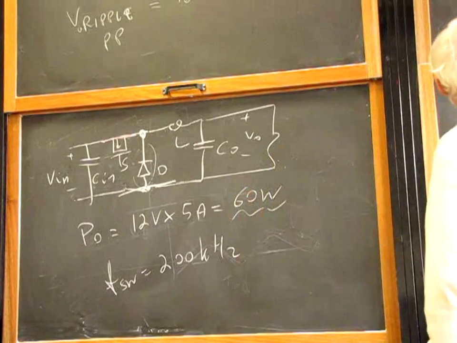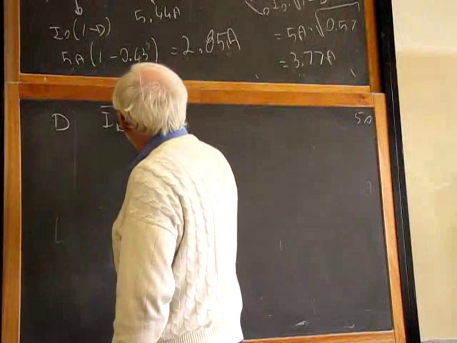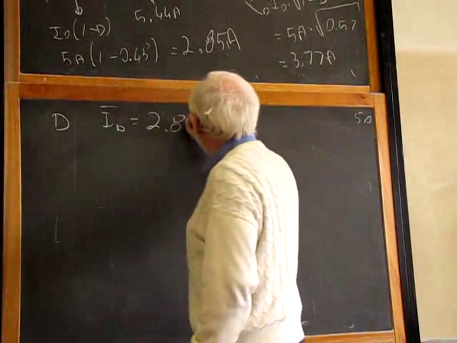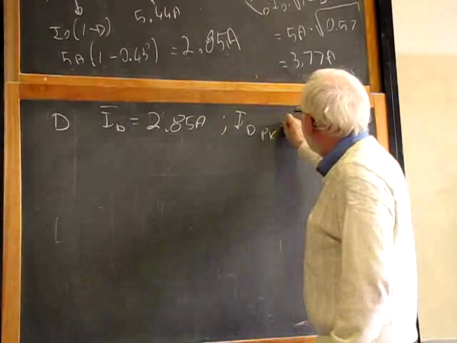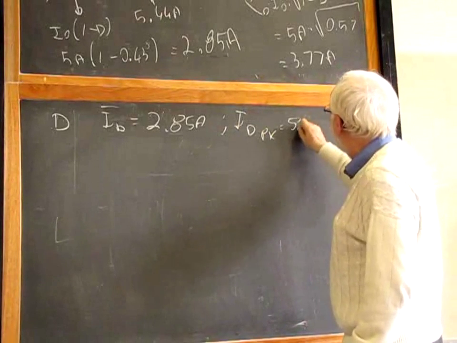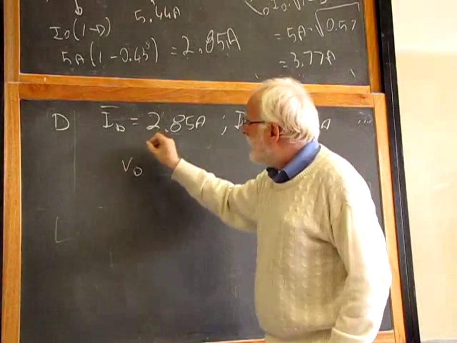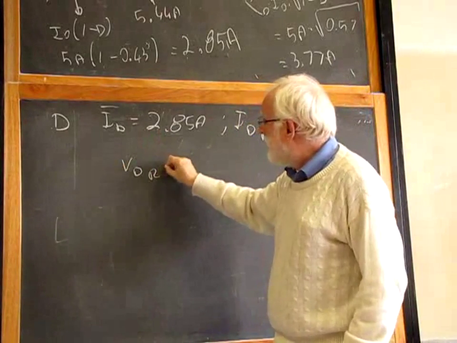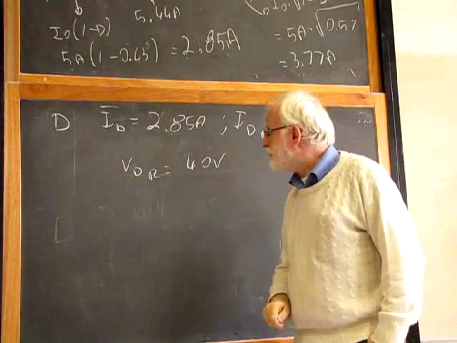Anyway, diode. We have currents, so we have I diode average equals 2.85 amps. I diode peak equals 5.44 amps. VD reverse equals, let's say, 40 volts. That is our choice.